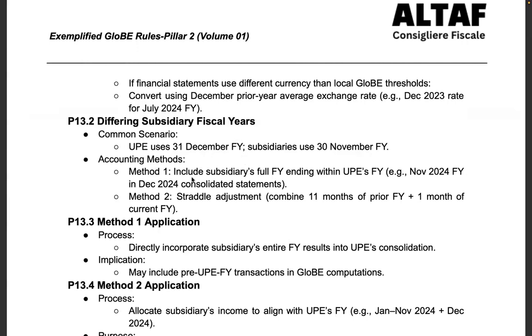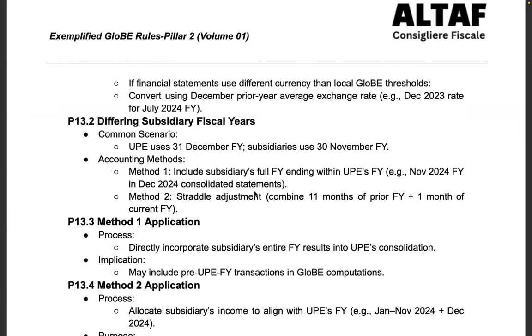Accounting method 1 includes the subsidiary's full financial year ending within the ultimate parent entity's financial year. For example, the November 2024 financial year goes into the December 2024 consolidated statements. So we just ignore that 1 month difference. It's a timing and leading kind of effect.